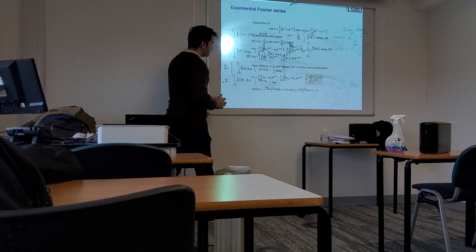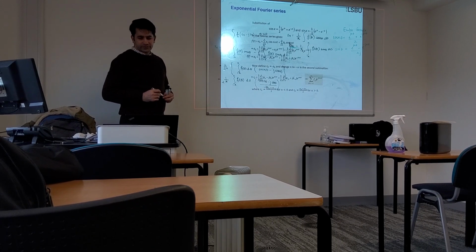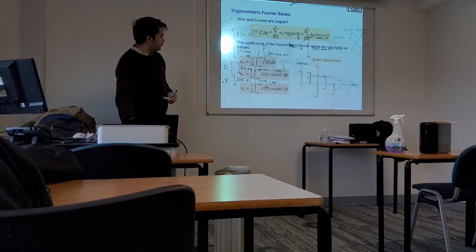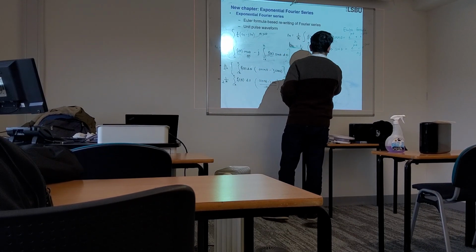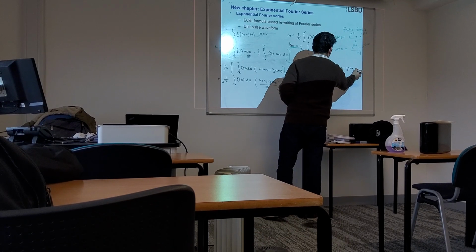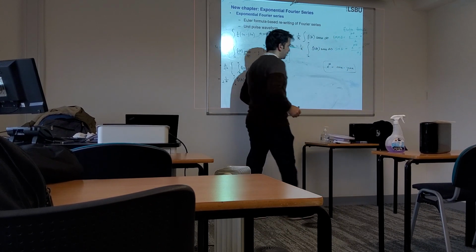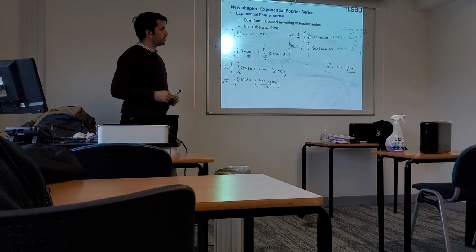Okay. Does this look familiar? Can I get something from this? So if we see e power jx, this would be cosine of x minus j sine of x. This is the identity.